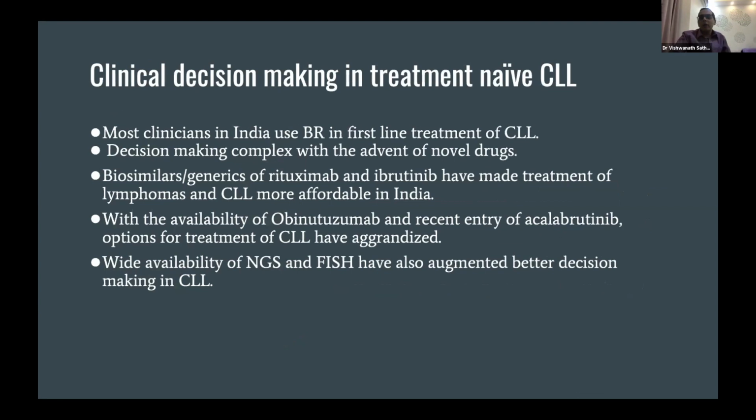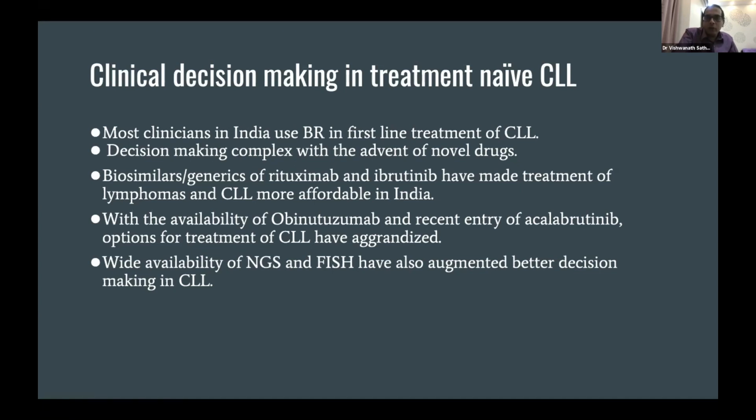Of course, it's a big clinical decision making in treatment naive CLL in India. I just want to give a broad overview, just to set the ball rolling before Dr. Nitin Jain starts his talk. Most clinicians in India use bendamustine and rituximab in the first line treatment of chronic lymphocytic leukemia. The decision making has become quite complex with the advent of novel drugs and small molecules.